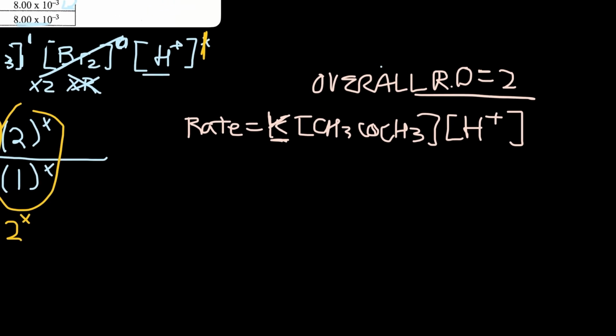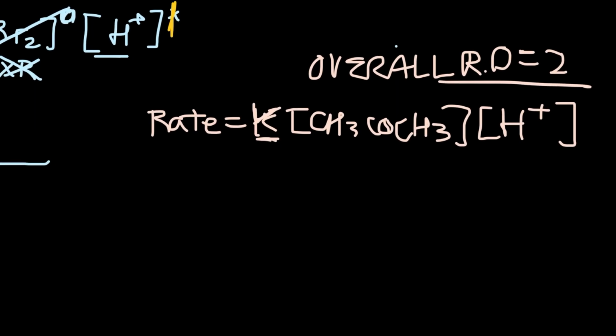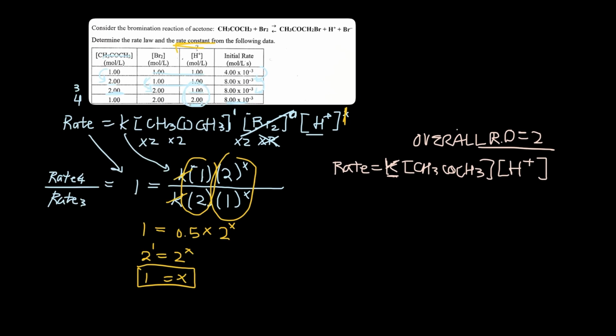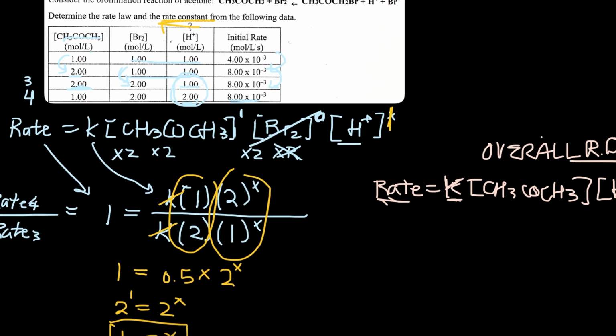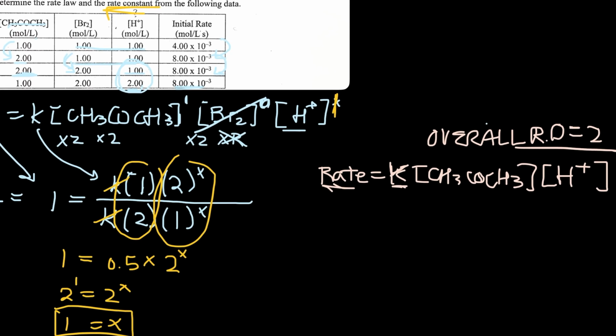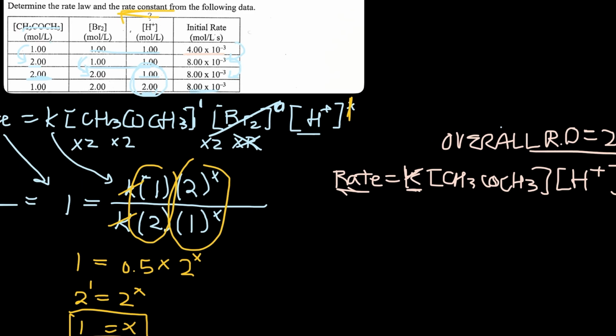Okay, so then we have to isolate for K. And which rate are we going to use? Well, we can use any rate provided that you're just sticking with one experiment. So let's use experiment 1. Actually, let's do experiment 2 because 1 is pretty obvious. It's just going to be 4.